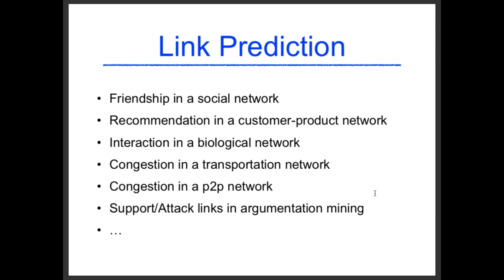So an argument, you can think of it as a claim that you have, a statement that you make, okay? And it can be, for example, supported by some evidence, okay? And in this way, you can build graphs of arguments, because one claim can attack another claim, okay?